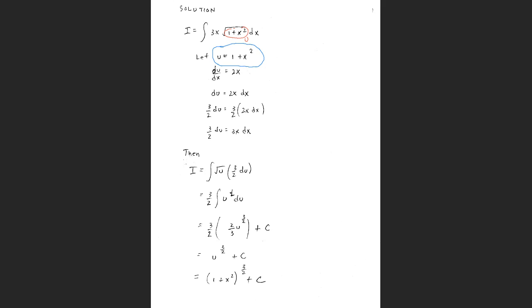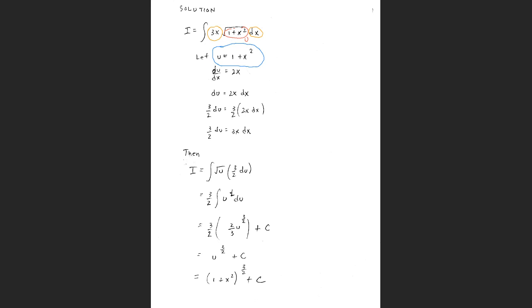But we have to transform the 3x and the dx in terms of the variable u as well. We're doing a substitution. We're changing the integral from an integral with respect to the variable x to an integral with respect to the variable u. So we're doing this change of variable or substitution.